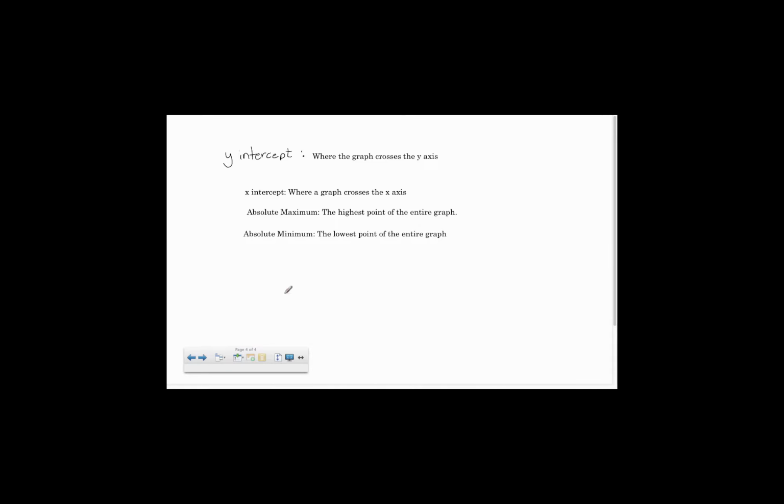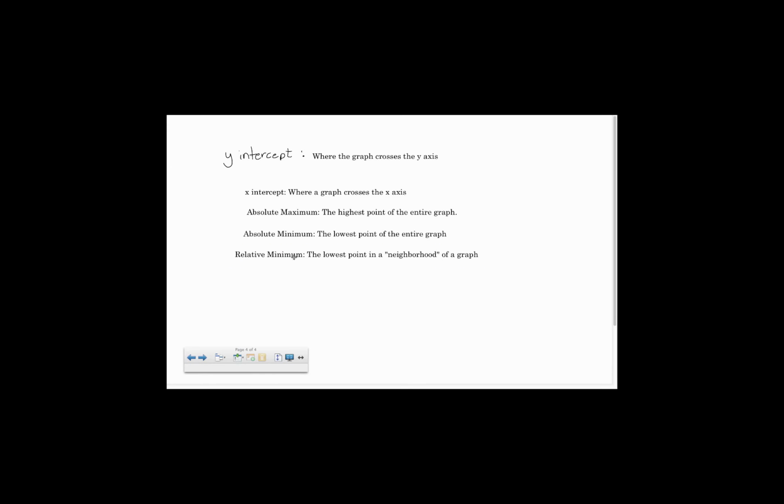So we have relative minimum, the lowest point in, and I'll put it in quotes, "neighborhood" of a graph, and it's generally going to happen near a curve.